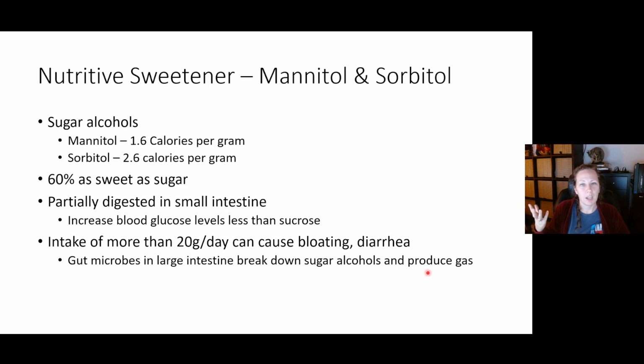So anytime that you have something that your body cannot digest, it can potentially cause some issues further down the line in your digestive system.